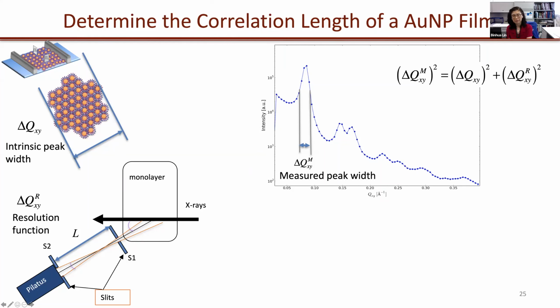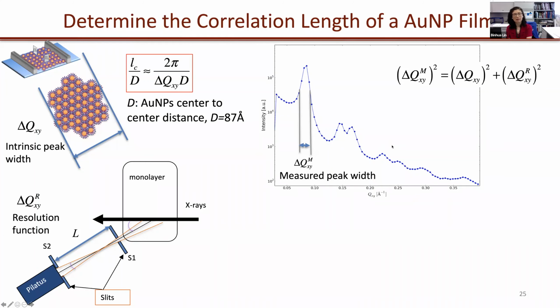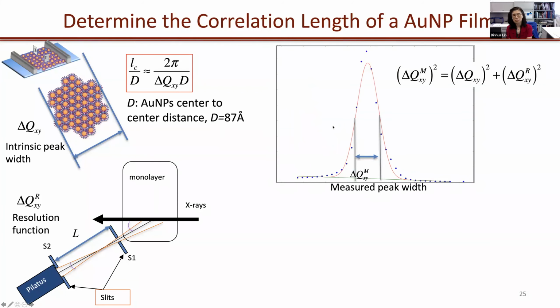So how do we obtain this intrinsic peak width? Well, the correlation length is just inversely proportional to the delta QXY in this equation. So to obtain the measured peak width, you fit with a Gaussian.